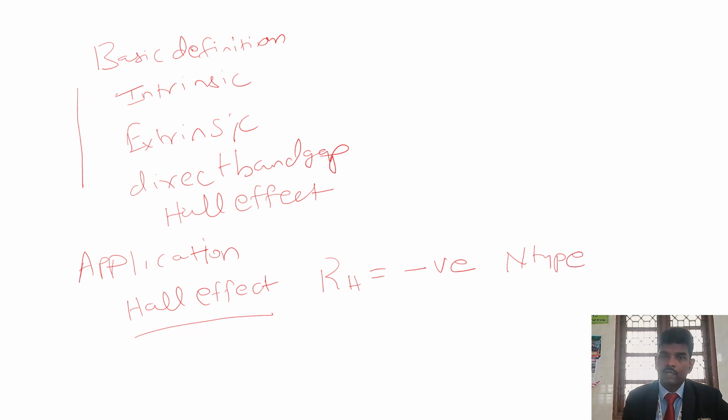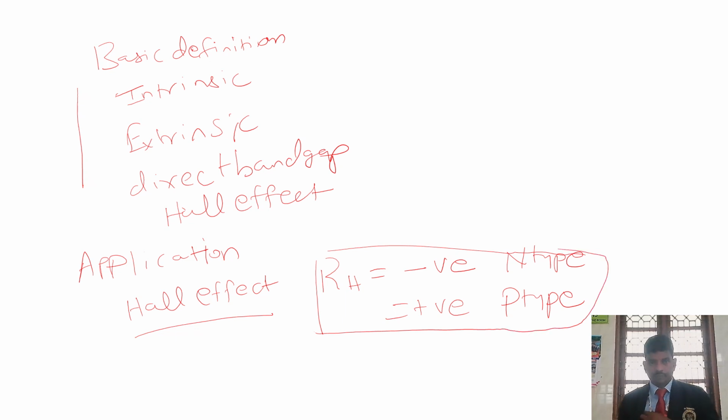If the RH value is positive, then we can say it is a P-type. So like that, these differences can be understood from this particular value, right? These values will be helpful to determine whether it is an N-type material or a P-type material. Like that, the application related to the Hall effect can be asked.